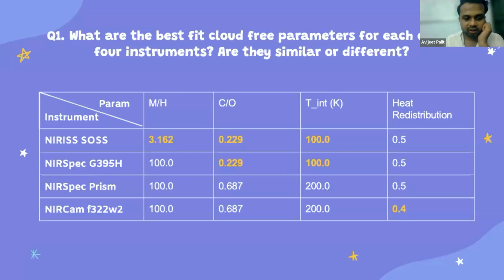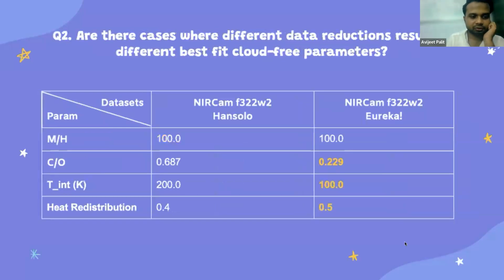Same goes for internal heat. And when we observe the heat redistribution, we find that the NIRCam F322W2 instrument has different values, but the other instruments remain the same. So here we can conclude that these are the best parameters for each instrument, and that parameter values are a little bit different for different instruments. So that's our conclusion to this question.